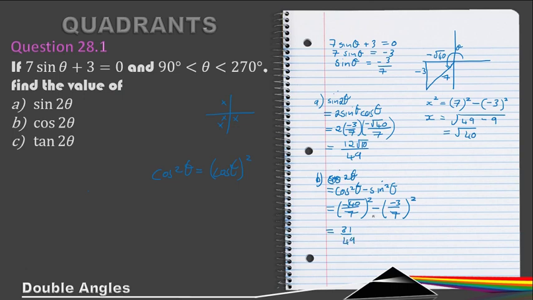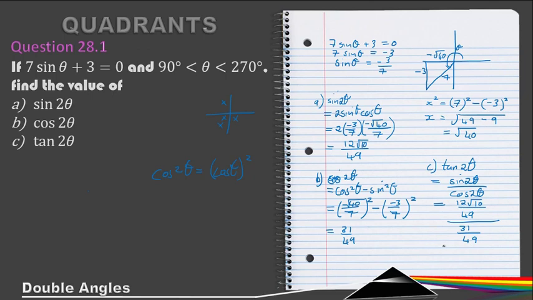Right. Now, finally for tan 2 theta. And once again, we're just going to replace it with sine 2 theta over cos 2 theta. And these values we've just determined, so I can just substitute in the value for sine 2 theta as 12 square root of 10 over 49, and that's over cos 2 theta, which is 31 over 49.